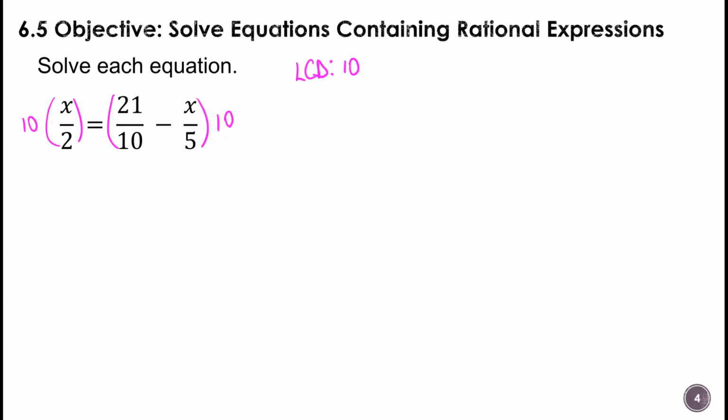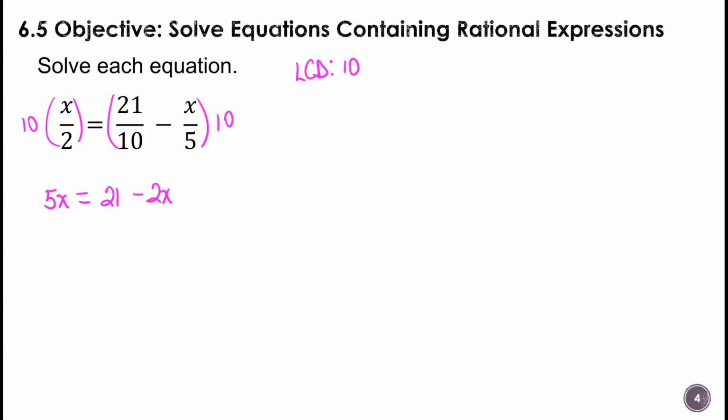So 2 goes into 10 5 times, and then we take 5 times x, so that's a 5x. And then 10 goes into 10 just one time, so 1 times 21 is 21.